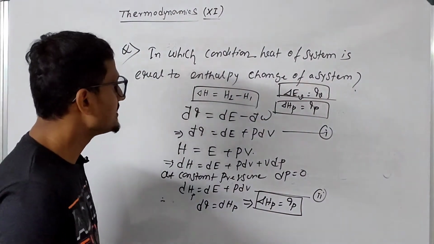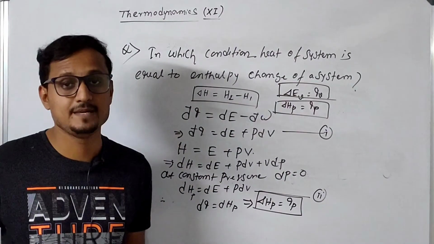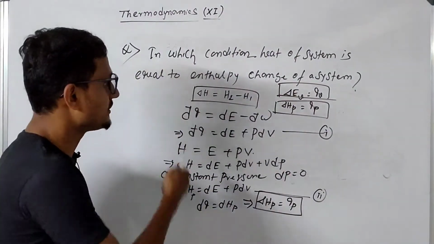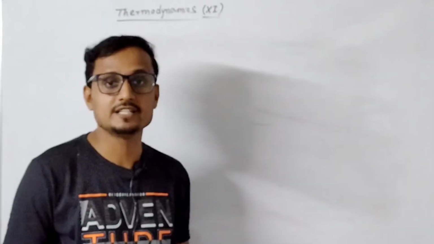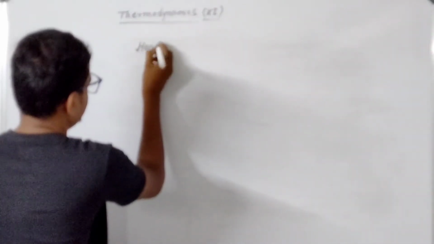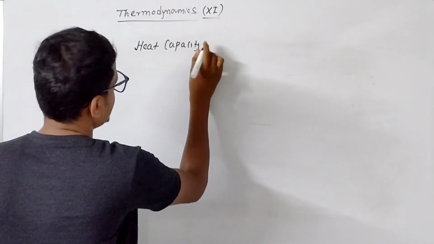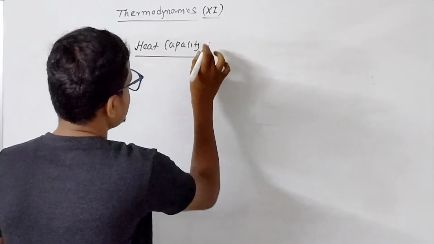Okay, so now we will discuss the heat capacity of a system, Cp and Cv. So please note down this one. We will discuss about the heat capacity of a system. Heat capacity. Now what is heat capacity?